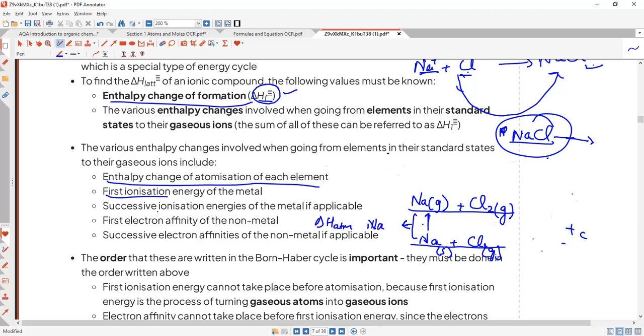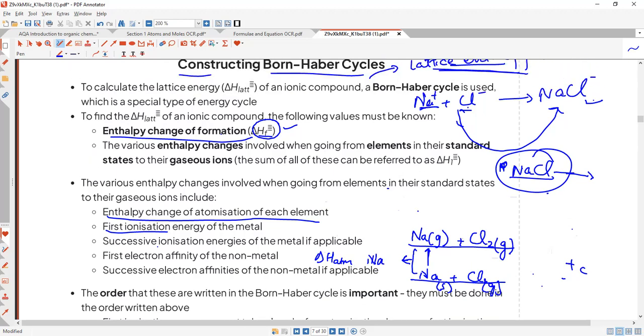Then in the next step, you will write sodium as it is, in gaseous form, and now write chlorine in gaseous atomic form. The energy released would be called the enthalpy of atomization of chlorine only, because in this step only chlorine is being atomized, right?